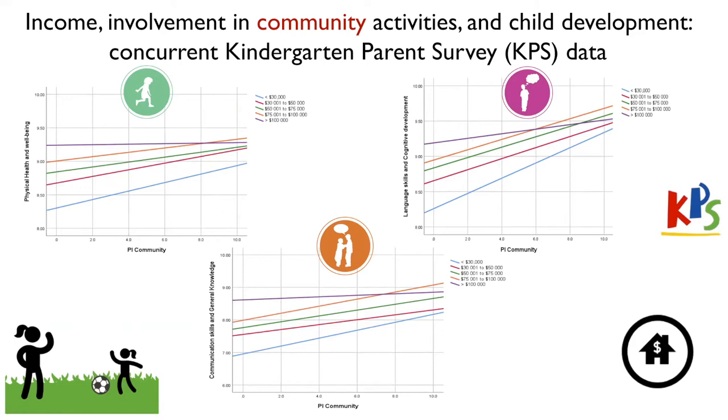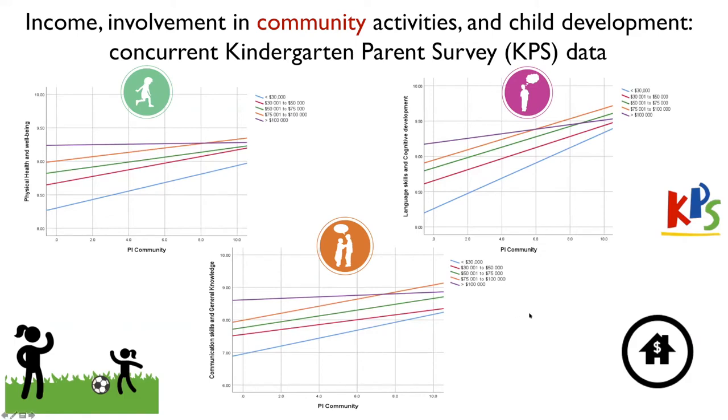So this is an example of the data combining the EDI results in 3 domains: physical, language, and communication skills, and information from our kindergarten parent survey, where we were asking parents how often they were doing various community activities with children.